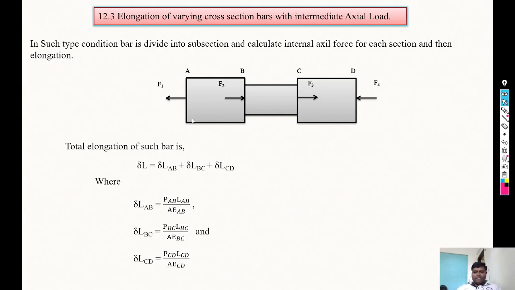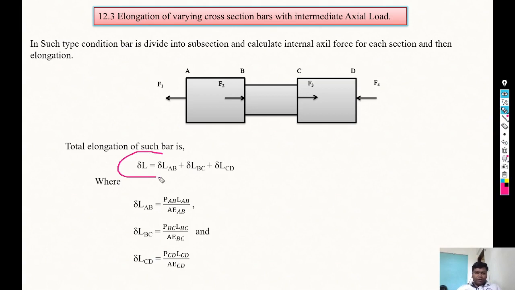Here the cross section of the bar is varying, meaning the area is not the same, but in the previous numericals, if you see those videos, the area of the bar is the same throughout the sections, meaning all sections have the same area. Here the area is different, so the formula is the same.